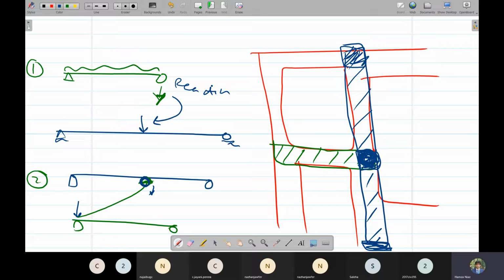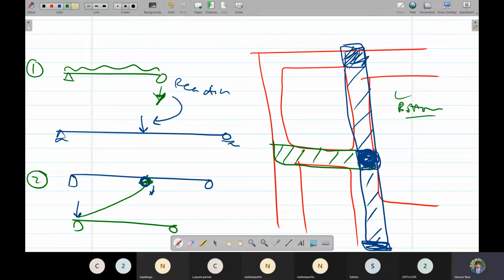The better option is to have the longer length at the bottom, so that we design both of them as simply supported. That would be easier for us. Otherwise, for the continuous beam we have to do indeterminate analysis, so it would be a longer procedure.